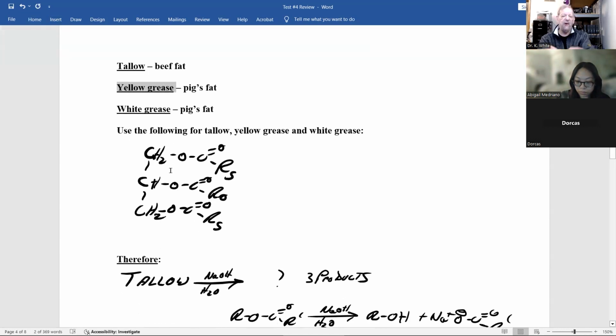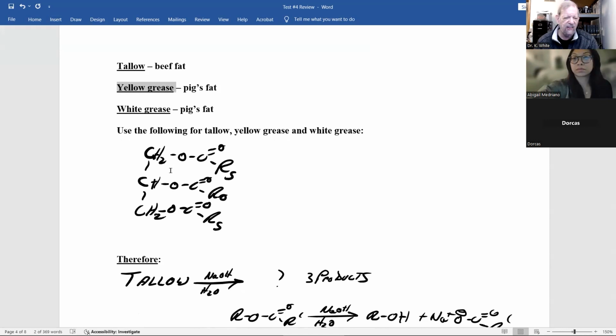Now, because I worked in this industry, and the company I worked for used to buy about 2 to 3 million pounds a week of these things, tallow, yellow grease, and white grease, I was involved in that. I know that tallow, yellow grease, white grease has a similar structure.